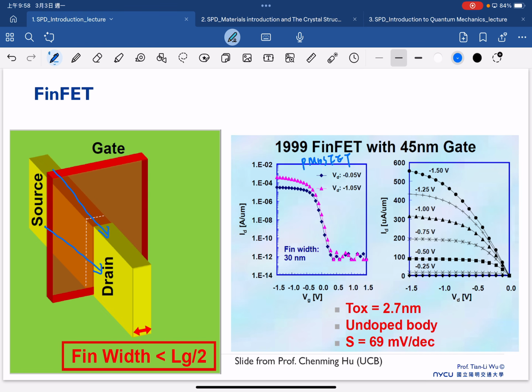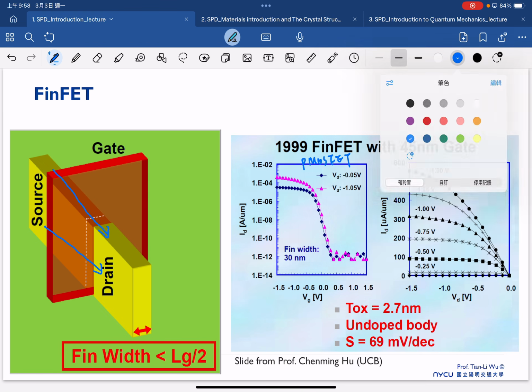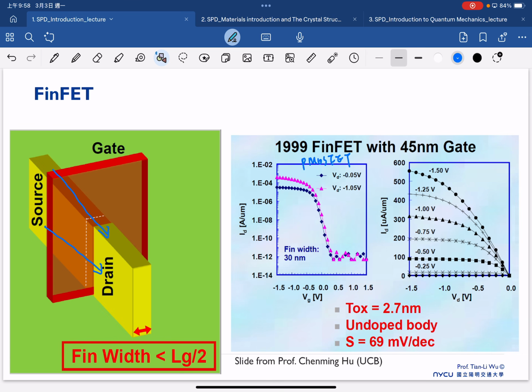But to talk about the P MOSFET, we first have to understand why we need the P MOSFET. If you look at the typical drain current versus gate voltage, in most cases we prefer to use the N MOSFET to illustrate the physics and understand device operation, because it's much more straightforward.